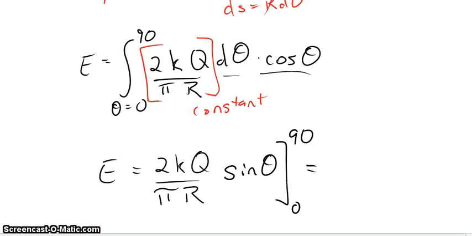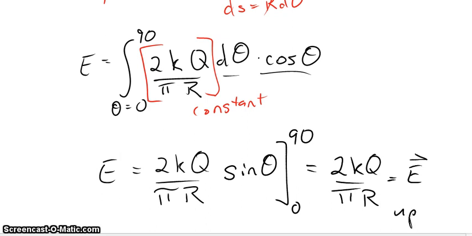When we evaluate at 90, sine of 90 is 1. So we have 2k q over pi r. When we evaluate at 0, sine of 0 is 0. So this quantity is equal to the electric field. It's a vector. I would argue it points upward.